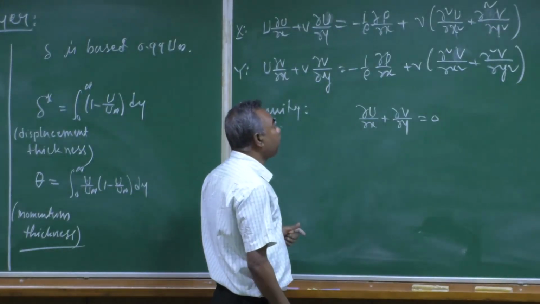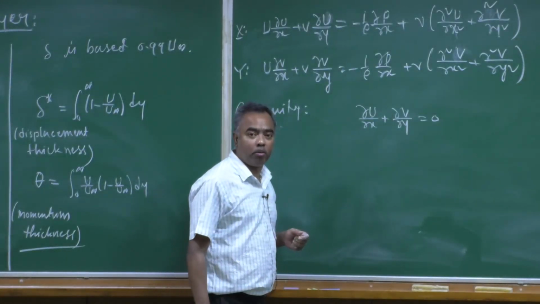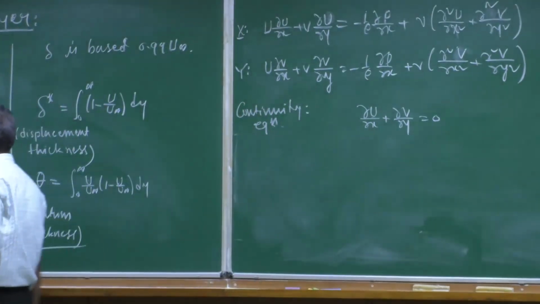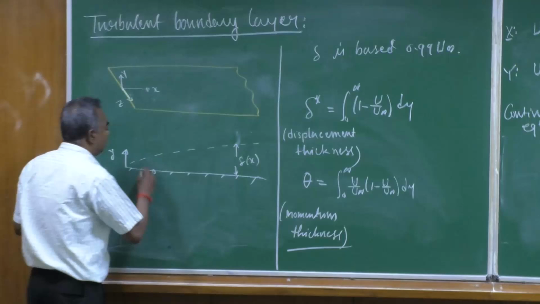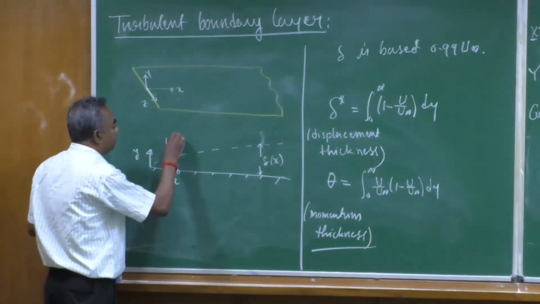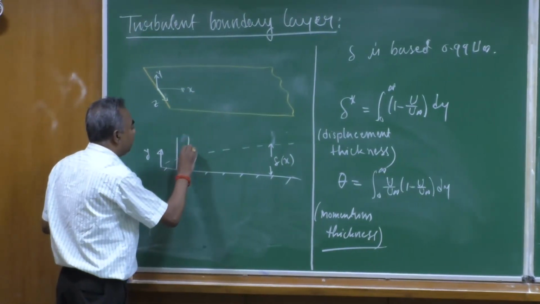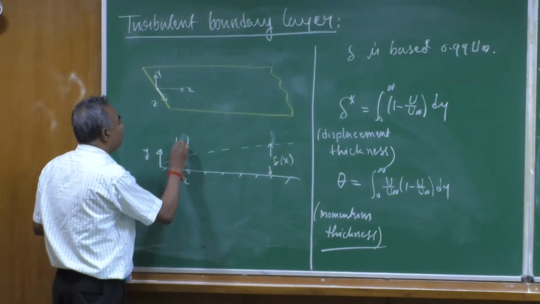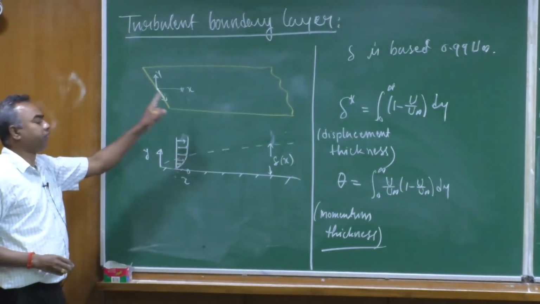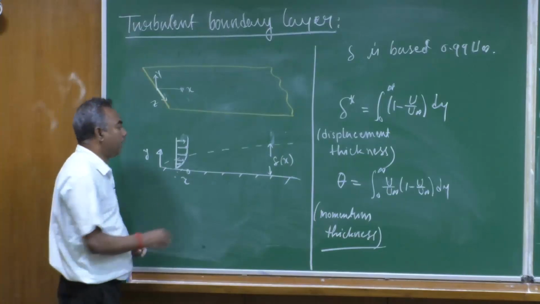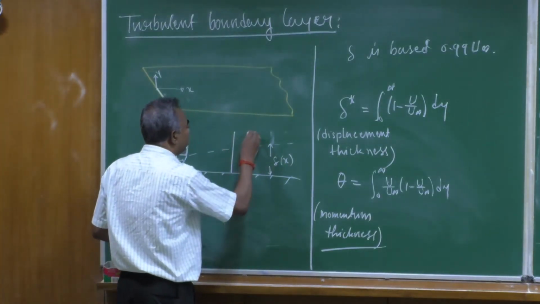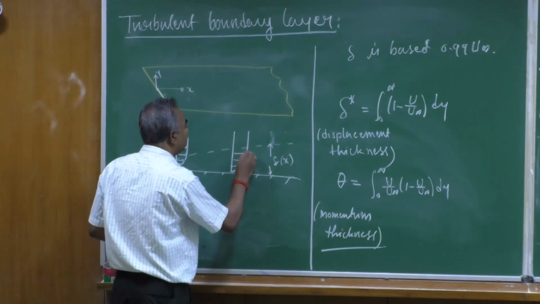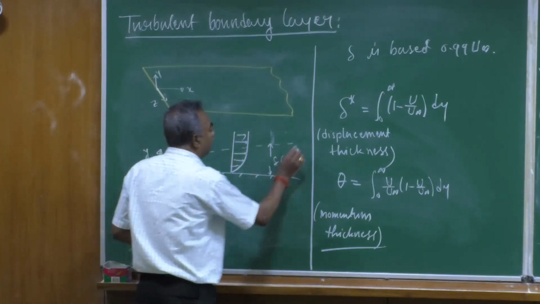Now, we are going to talk about boundary layer flows, which means the viscous effects close to the wall are significant. So, if you draw the velocity profile somewhere here, it is going to be something like that. Okay. So, there is a sharp change of velocity along the y direction. Similarly, if you draw another velocity profile somewhere here, the velocity profile will look like this, and so on.